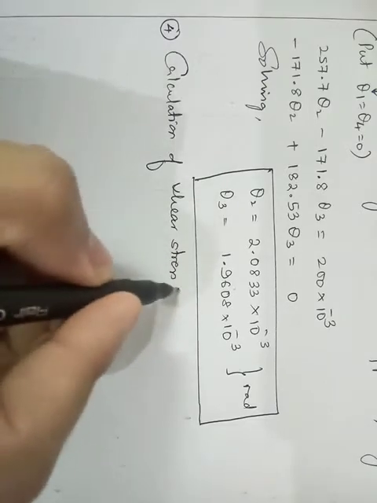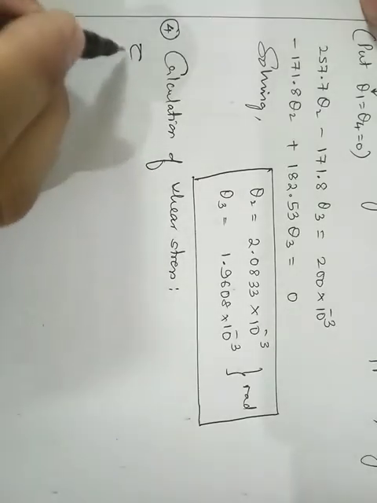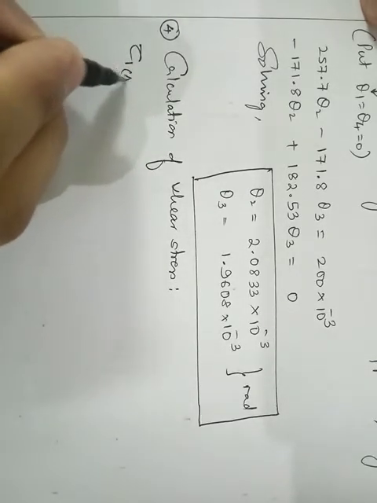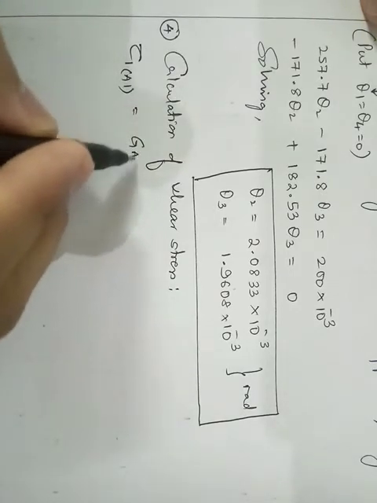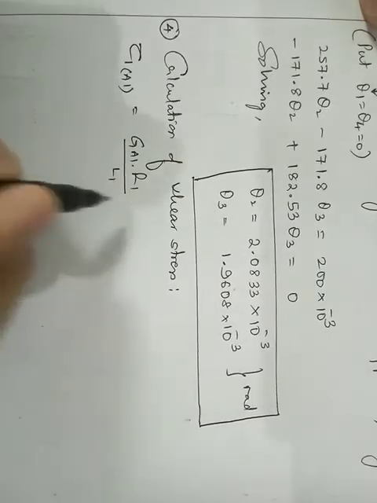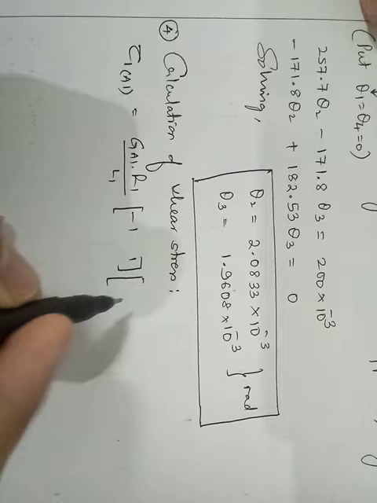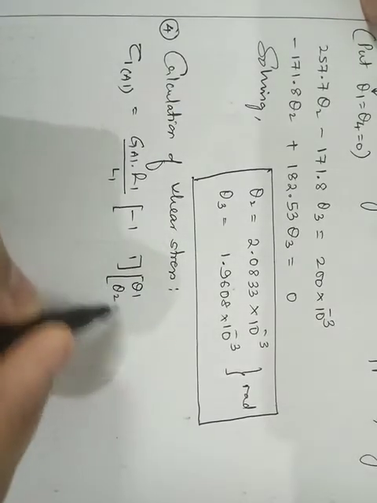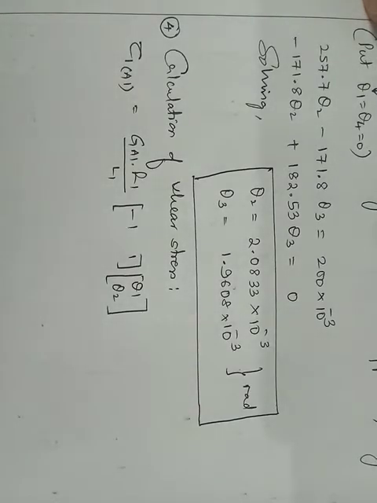calculation of shear stress. In the first case, tau 1, which is made up of aluminium, is G aluminium into R1 divided by L1, times minus 1, 1, into theta 1, theta 2. This is the formula which I'll be using, because the first element which I have taken in the problem is of aluminium.